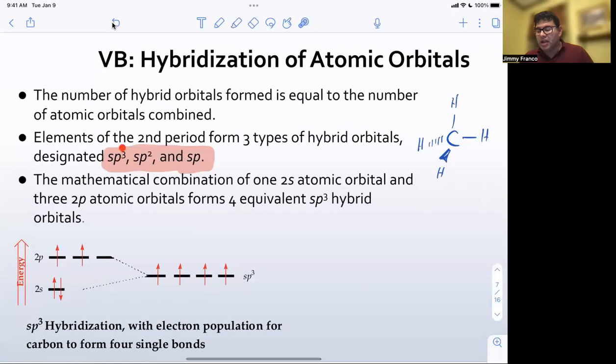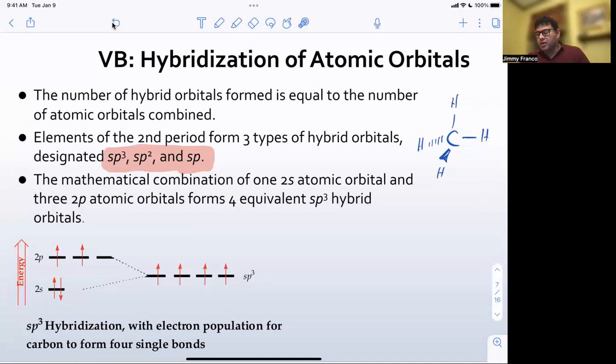It tells you that this hybridized orbital is made of an s orbital and 3 p's, exactly what happened here. If it's sp2, then it's made of an s orbital and 2 p orbitals. If it's sp, it's just made of 1 s and 1 p orbital smashed together. So it literally tells you what it's made of.